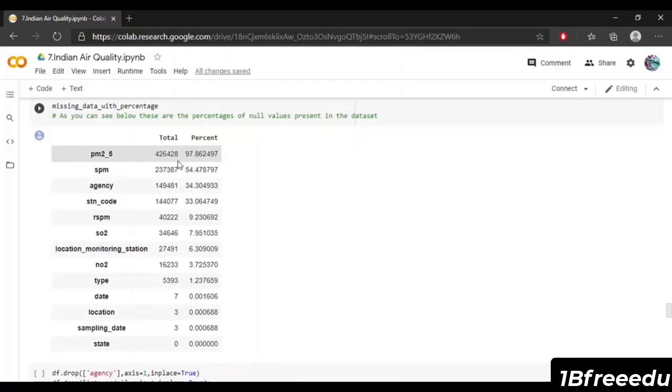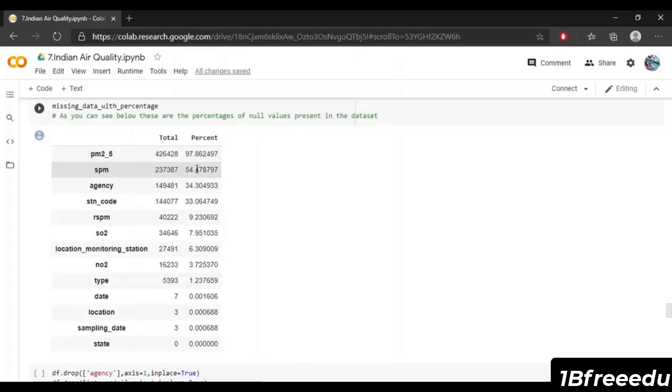So whenever we have more than 50 to 60% of the data which is missing, then we usually drop that entire column. And even though we impute it, it's not a good idea. So basically, whenever you have more than 50 to 60% of missing values, then you can go ahead and drop that entire column.